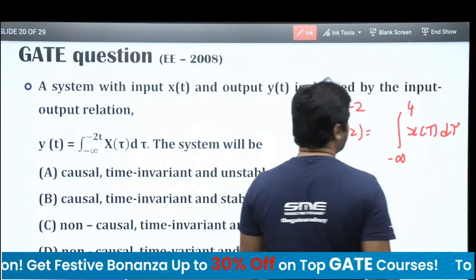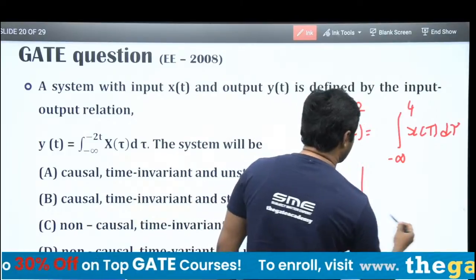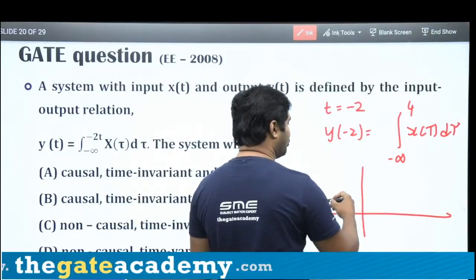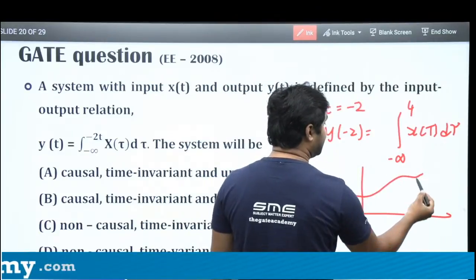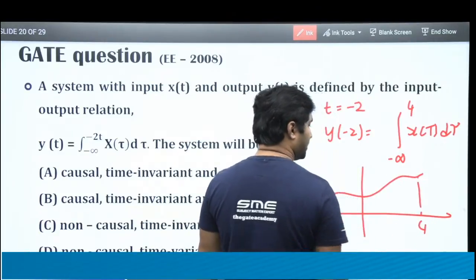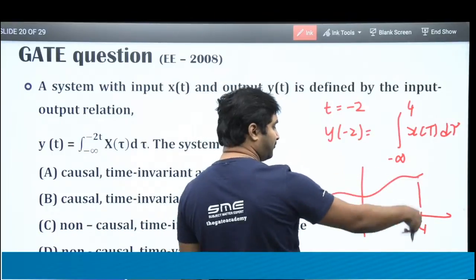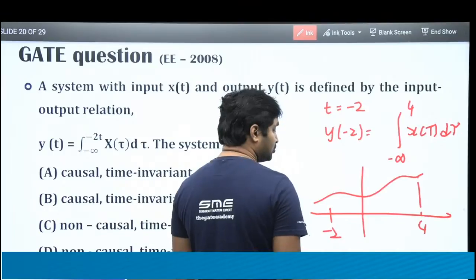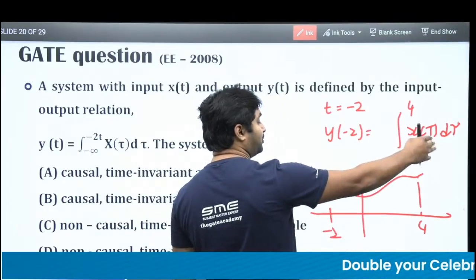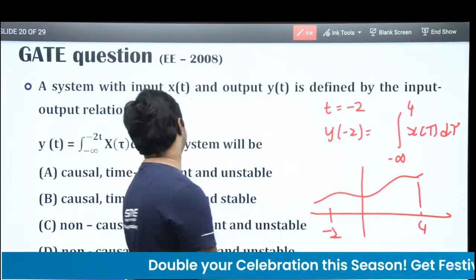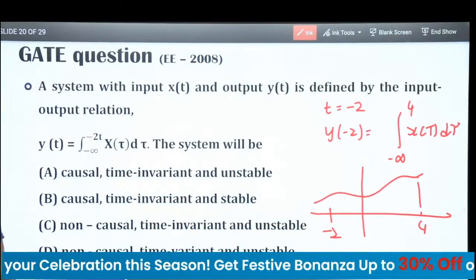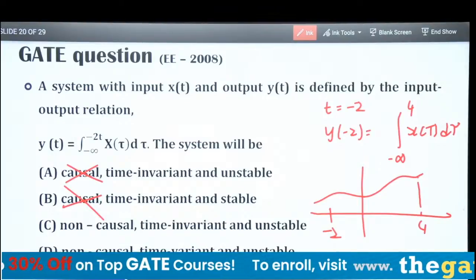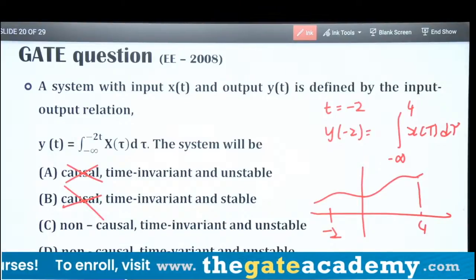Now please try to understand. If I want to get the output at t is equal to minus 2, I have to integrate my input till 4. This is non-causal, yaar. This cannot be causal. This has to be non-causal.